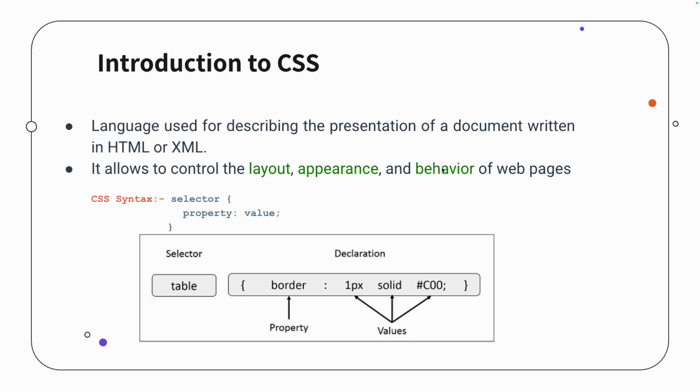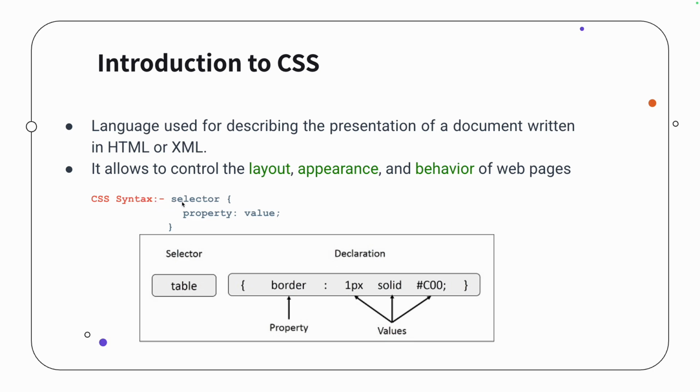Behavior means, let's suppose, when you click a button or hover the mouse over something. If I'm hovering on the text, it should change to red, something like that. Based on all these categories, we are going to write the CSS for our HTML file. Okay, so writing the CSS, first the syntax.